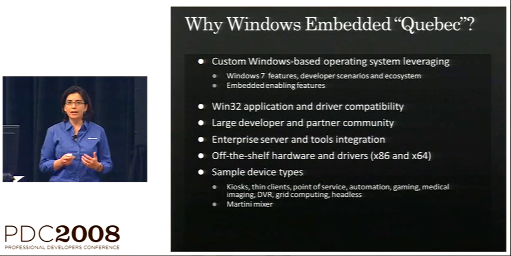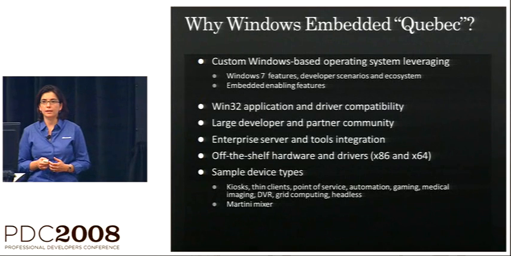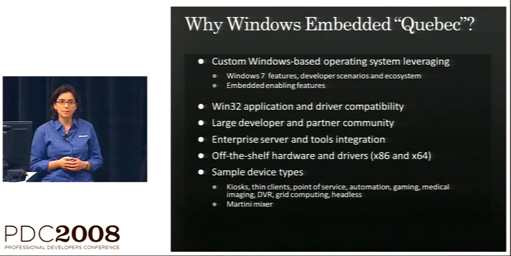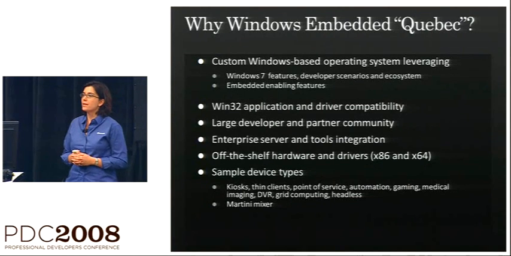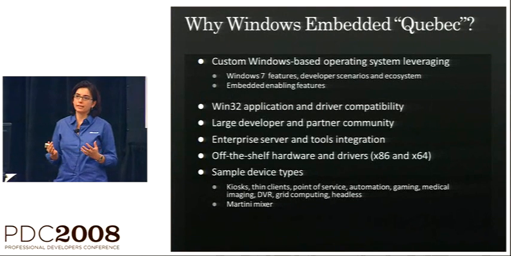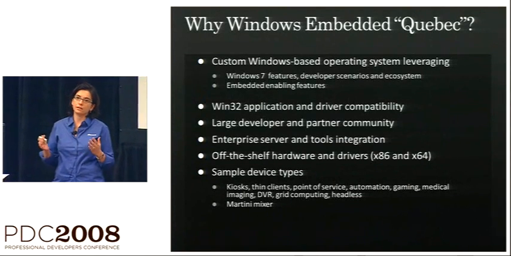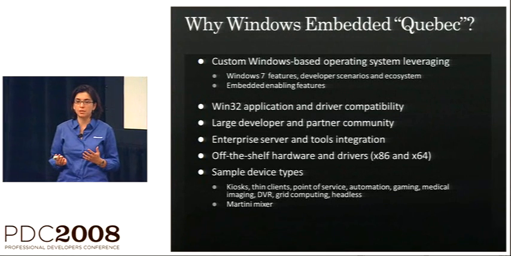Now, what is the value of Windows Embedded Quebec? Why do people choose Windows Embedded Quebec for devices? As I mentioned, you can use Quebec or the Windows Embedded family. The current version in the market is XP Embedded.